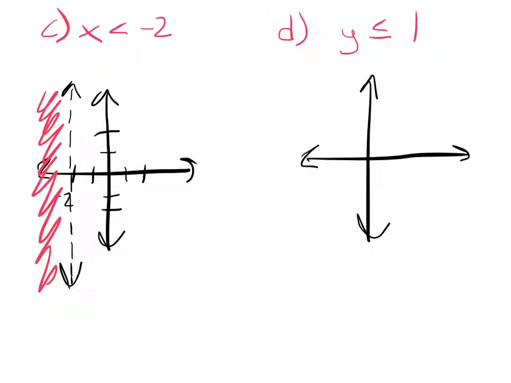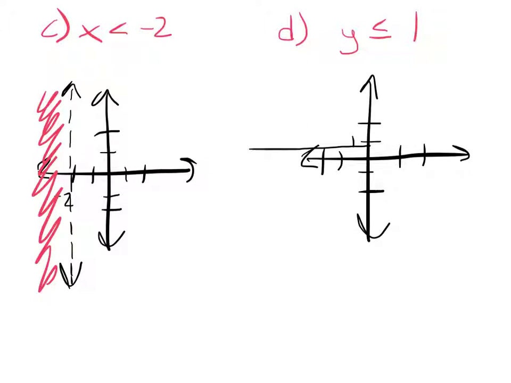When I'm graphing a y, remember this is y is 1. There's 1 right there. So it's going to be a horizontal line on 1, but this is a solid line. Notice that I have an equal to right here, and so I'm just going to draw it at 1 straight through.